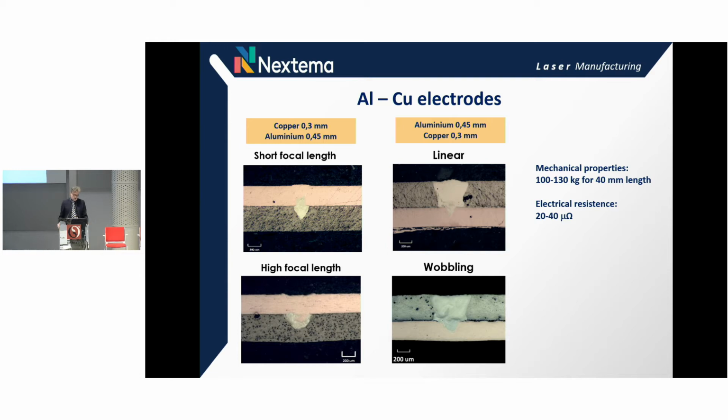Some images of the work done on copper and aluminum and copper, with short and long focal length, with linear and with wobbling strategies. After that, in each case, it is possible to determine the mechanical resistance and the electrical resistance, and these checking activities we do in combination with universities.